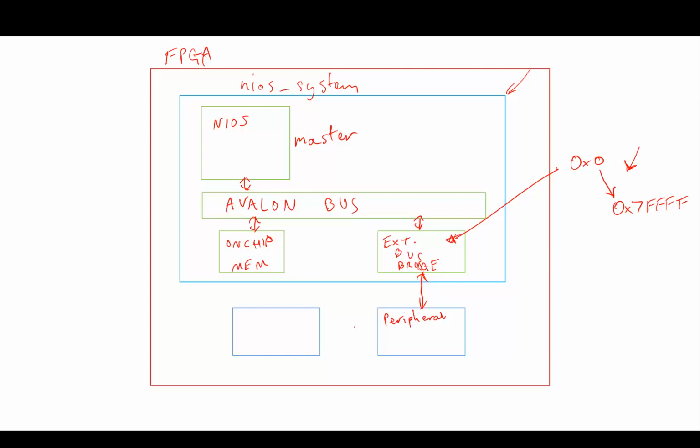Within that peripheral, you have these 4 memory locations that we are calling registers. So these are the slave registers. You then have this other module on the left, which is this 7 segment display.